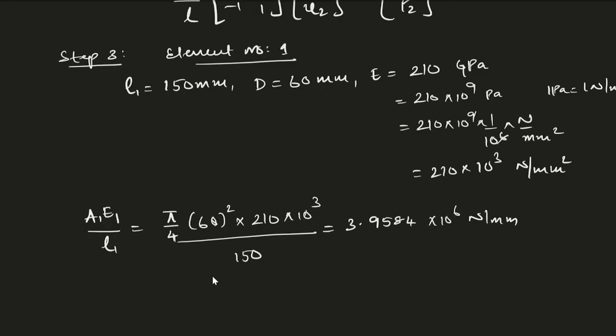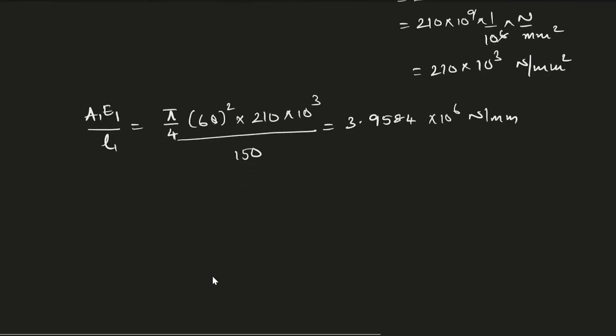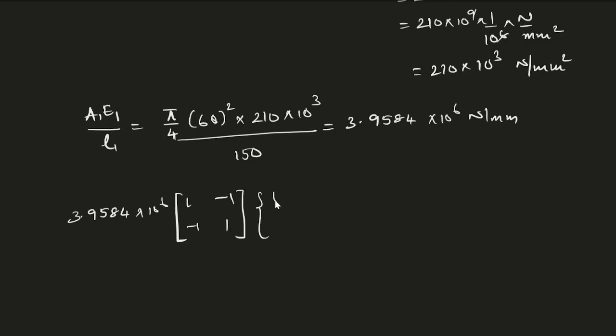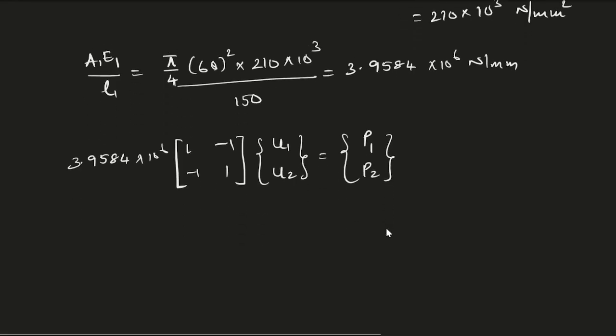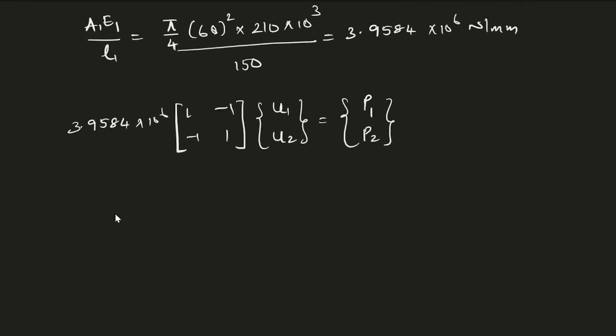Okay, and now I'll just put it in the equation as well. So it is 3.9584 into 10 power 6, into the matrix 1 minus 1, minus 1 1, times u1 u2, equal to P1 P2. So I'll just multiply this inside. 10 power 6 will be outside.